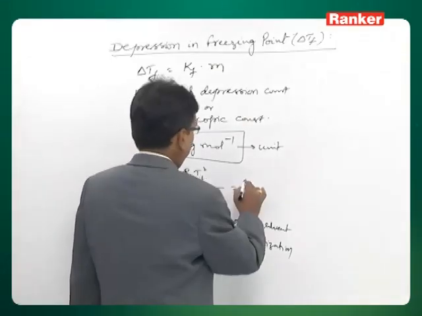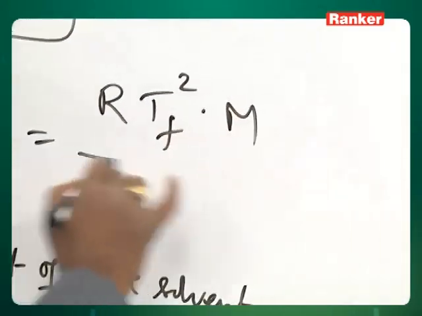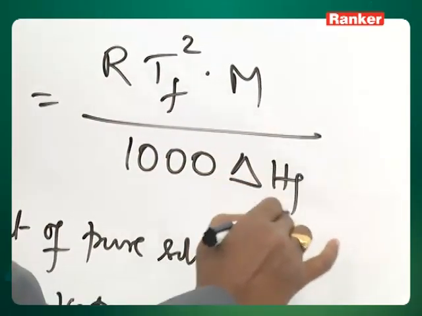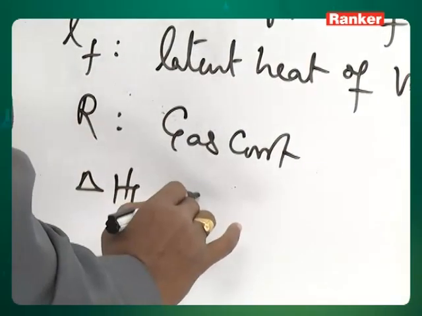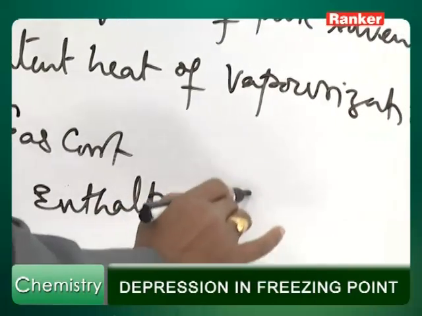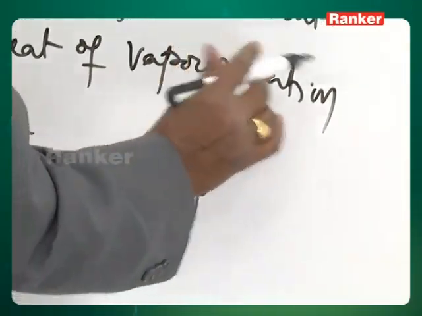And this in turn is again R TF square into M by 1000 delta HF, where delta HF is the enthalpy of fusion.